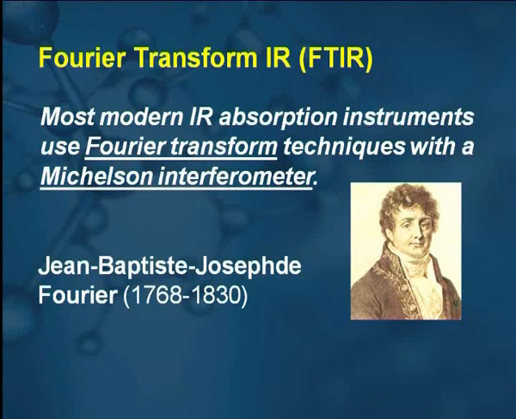So most IR absorption instruments use Fourier transform techniques with a Michelson interferometer to generate the IR spectra or to characterize the molecules. The Fourier transform was given by Jean Fourier, 1768 to 1830.